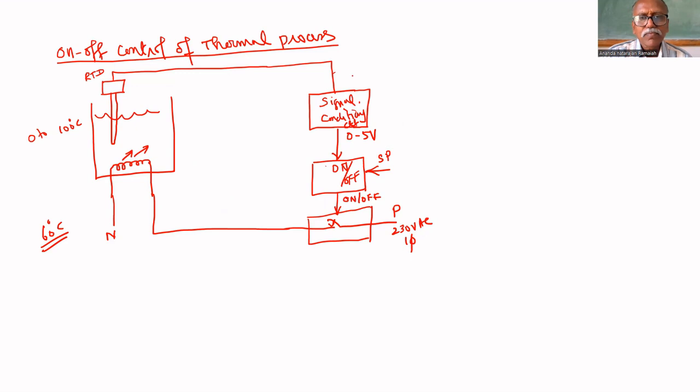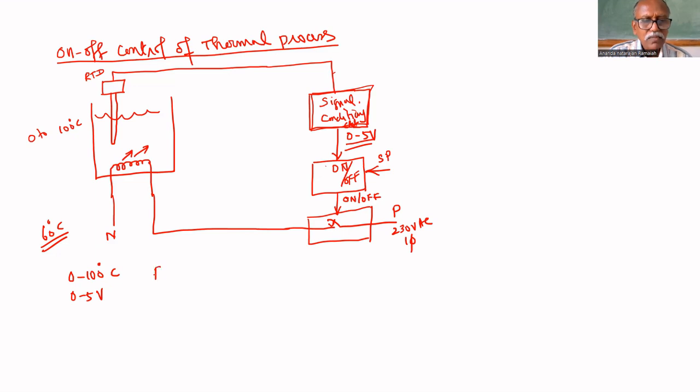That is the idea. So the first step is we have to design the signal conditioning circuit that will convert the change in resistance into 0 to 5 volt for the given range. The physical range is 0 to 100 degrees centigrade. The signal conditioning circuit output must be 0 to 5 volt.